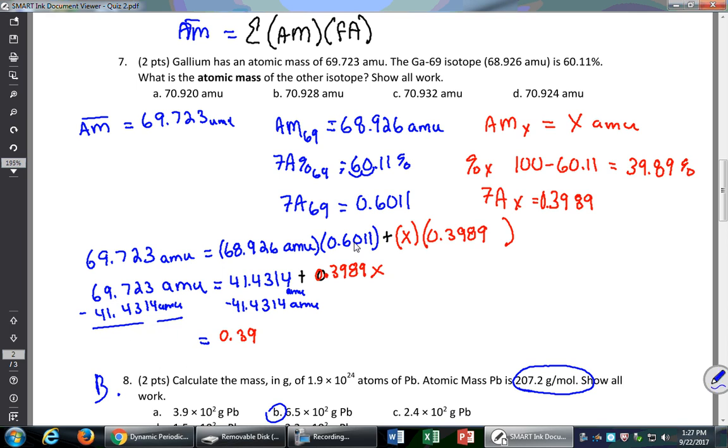That clearly doesn't equal that. 20.2915014. I'm keeping all those digits. Yeah, I'm sorry. So I can divide both sides by my 0.3989, and that will give me the mass of my unknown isotope.